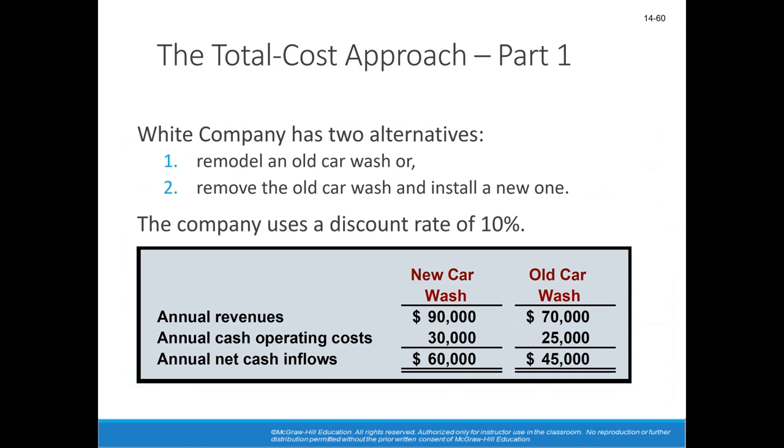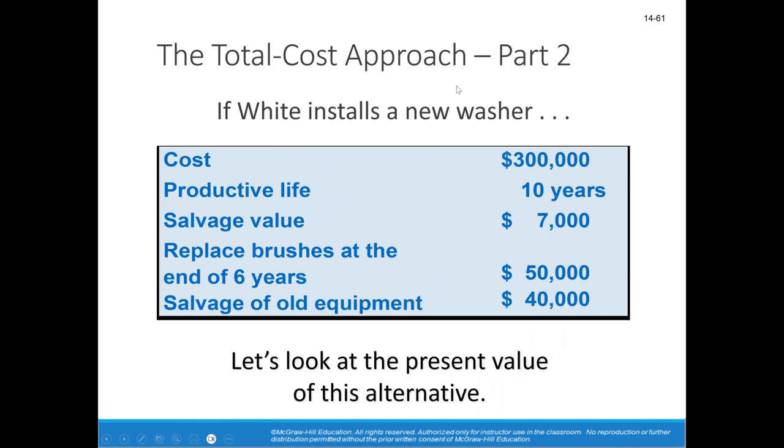So I have two alternatives. White company has two alternatives: remodel an old car wash or remove the old car wash and install a new one. So the annual revenues, the annual operating expenses, this is the cash flow, and then the cost of this is 300,000, productive life 10 years, salvage value 7,000.